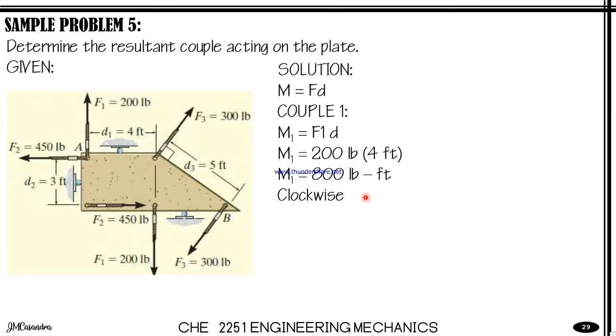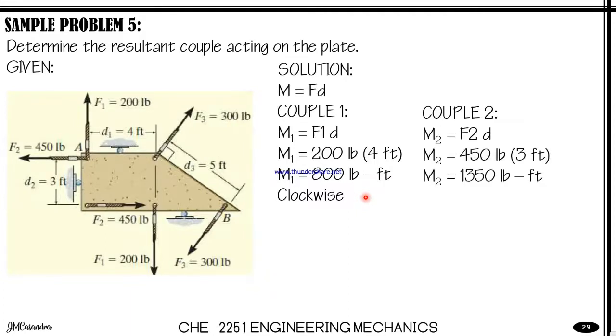Next, we have couple 2. So we apply M2 is equal to F2D2. So M2 now is equivalent to 450 times 3, giving us M2 equivalent to 1350 pounds feet.